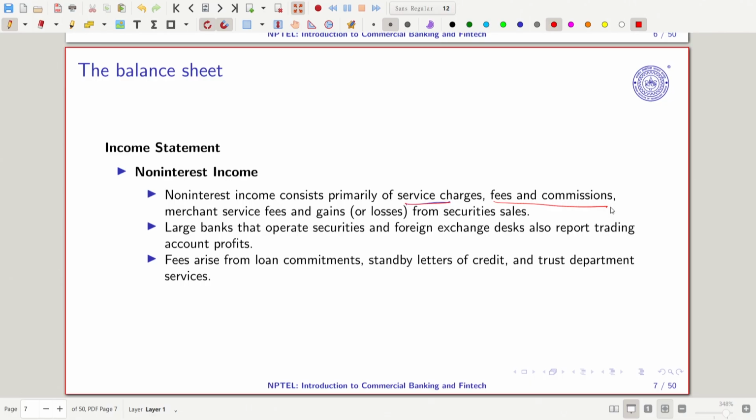A large bank, which we call a systemically important bank. If you go on the RBI website, there is something called SIBs, systemically important banks.